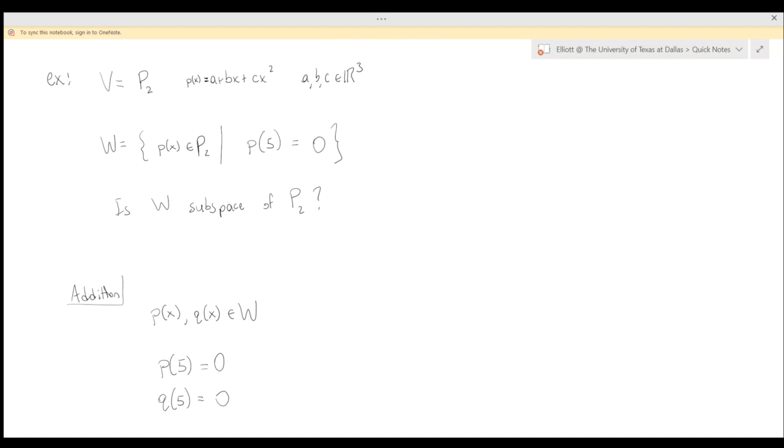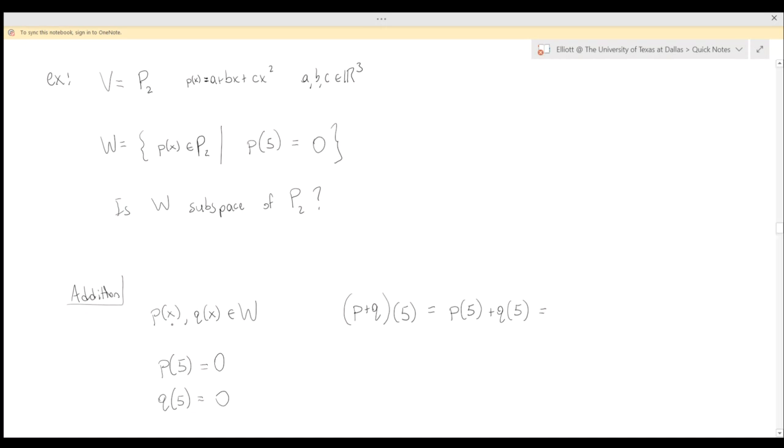If we add our two polynomials together and evaluate at 5, this equals P of 5 plus Q of 5, because that's how we add functions together in general.